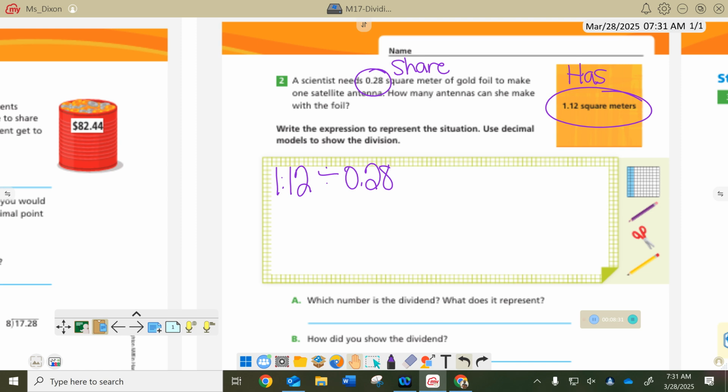Let's draw our visual model to represent what she has and how she shares it. So she has 1 whole, 1/10, and 200. Don't forget that this 1 whole is 100 hundredths. And this 10th is 10 hundredths.